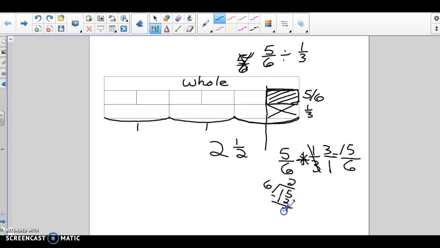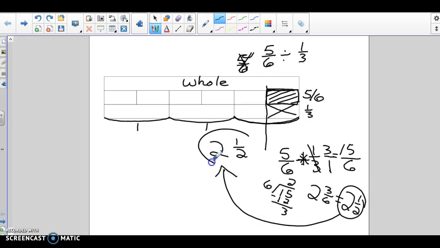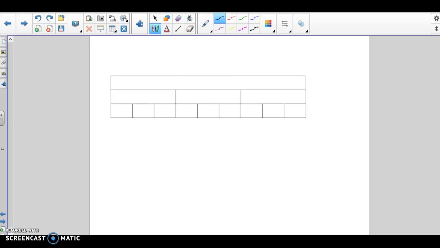If you subtract, that leaves 3 out of 6. And you know that 2 and 3 out of 6 is the same as 2.5. Now, when you do the algorithm and you do the model, you can feel all warm and fuzzy when they match.